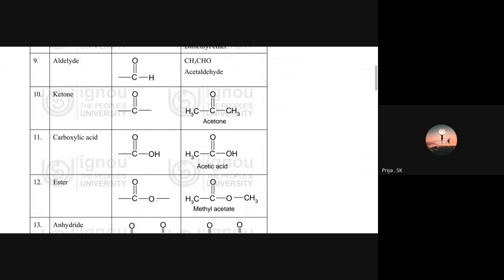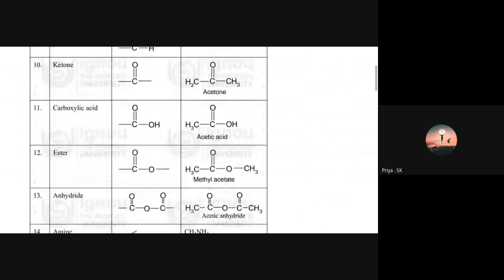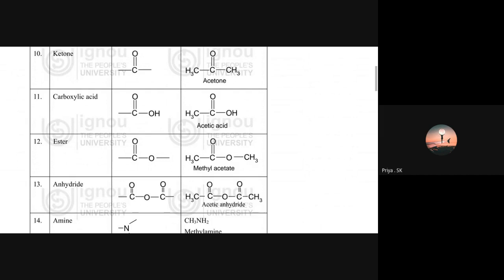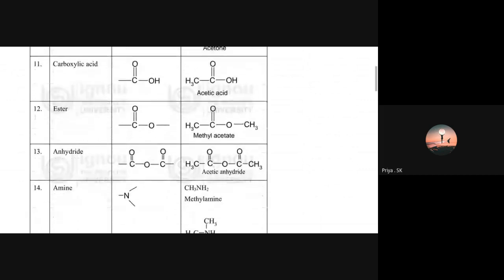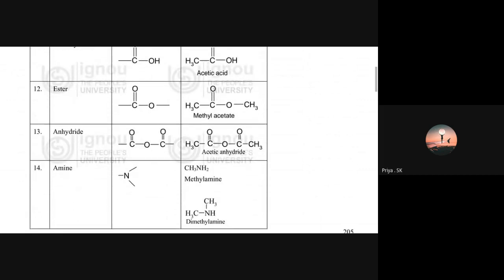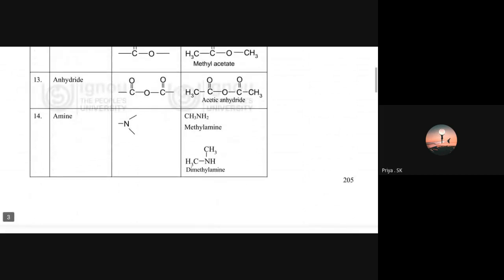carboxylic acid, which has a COOH composition, like acetic acid; ester, which has C double-bonded to O, like methyl acetate; anhydride, which has COOCO, that is acetic anhydride. Then amine, which has a nitrogen atom, like methylamine or dimethylamine.